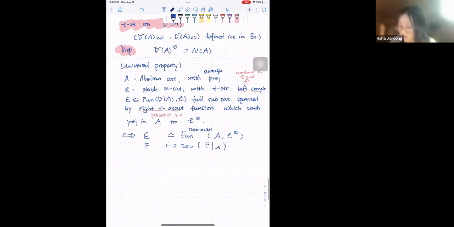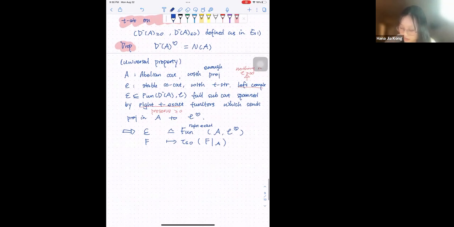And the way to interpret this is you should compare this to the classical result.